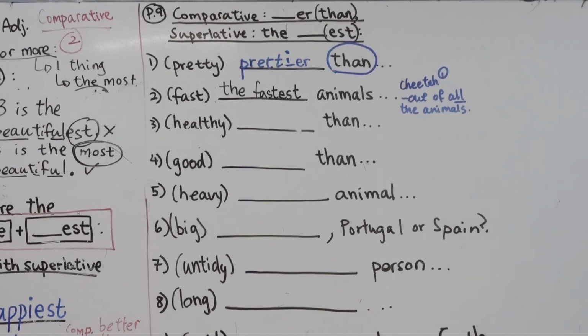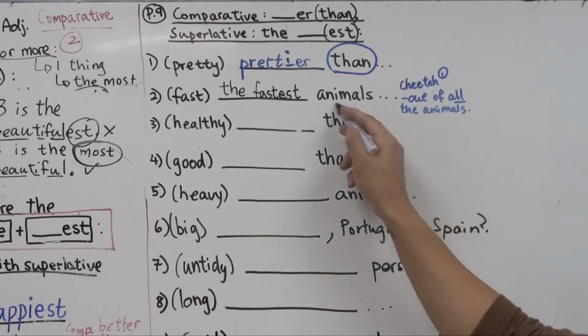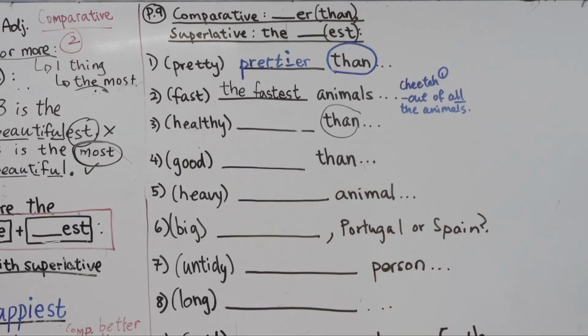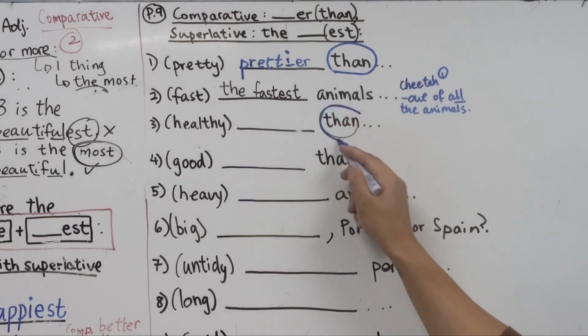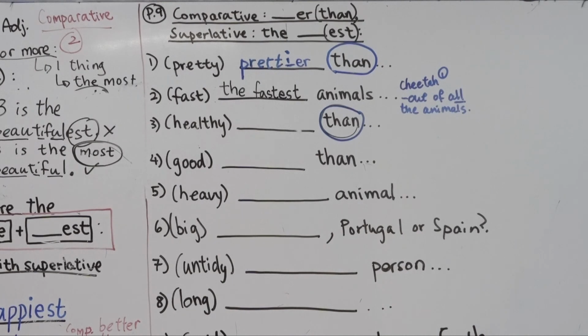Again with the word than, T-H-A-N. Oops, should be the blue one. So this should be an indicator for us on what adjective to use, comparative or superlative. This is comparative.